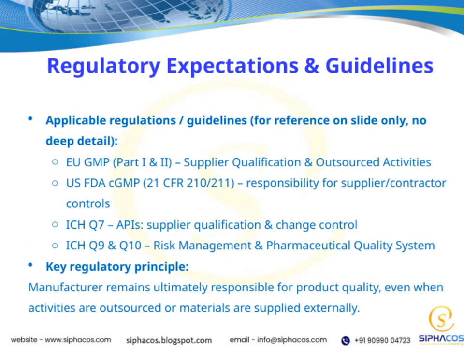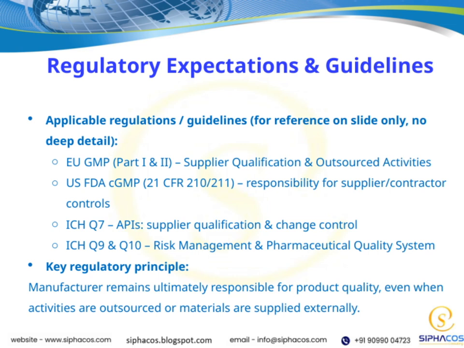Let's take a moment to look at some of the key regulations and guidelines that underpin our quality management systems. First, we have the EU GMP guidelines, specifically Parts I and II, which emphasize the importance of supplier qualification and managing outsourced activities. These help ensure that any external parties involved meet the necessary quality standards.